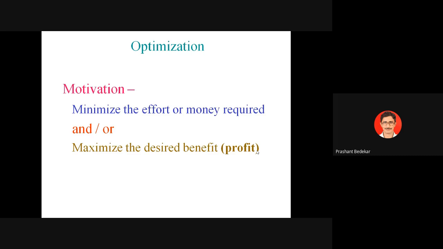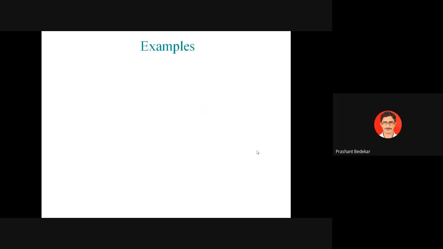Or it is possible that you are interested in minimizing something only, or maybe maximizing something only. So that is basically the motivation. You try to minimize or maximize depending upon what that thing is. If it is profit, definitely one will try to maximize. If it is loss, definitely one will try to minimize it. So that is the motivation behind studying optimization.